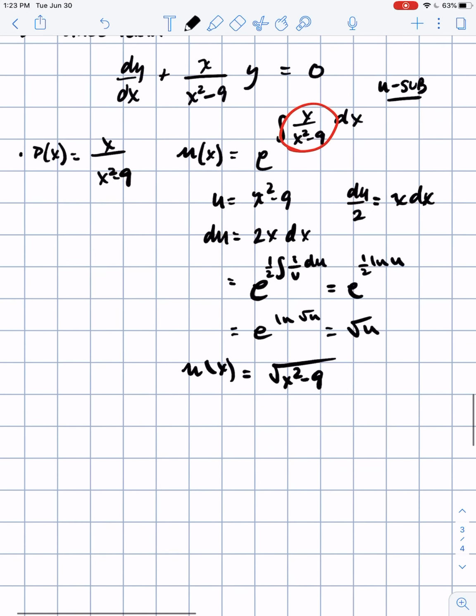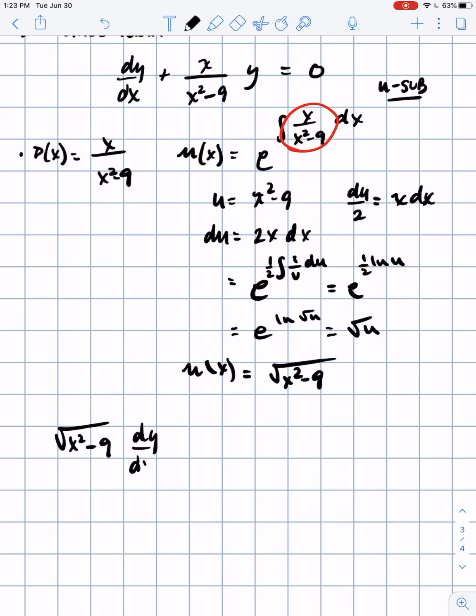So multiply everything by that factor. So I'll have square root of x squared minus 9 times dy/dx plus x over the square root of x squared minus 9 times y equals 0. Now don't worry about multiplying this together and simplifying, because the main thing is, what's your derivative of the square root of x squared minus 9?